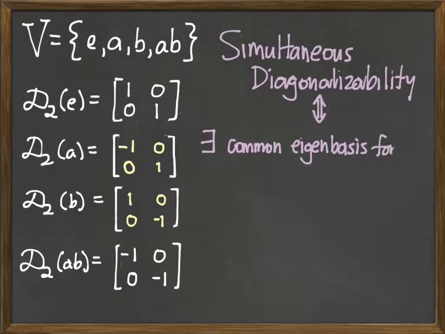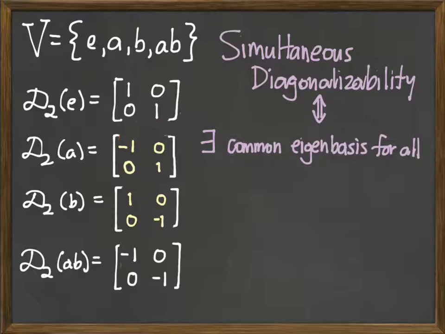For this group, diagonalizability is preserved with the group multiplication. The product of 2 diagonal matrices is a diagonal matrix. Whereas before we had some being diagonalized, some being diagonal, some not.